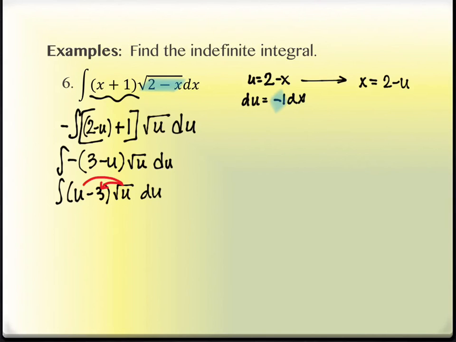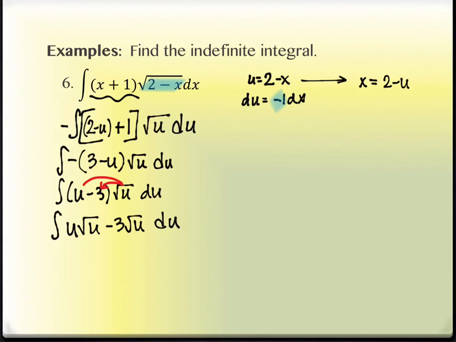So this problem becomes the integral of u squared u, we'll combine it in a minute, minus 3 squared u du. There's no more product. That's really what happens, because I'm able to distribute when subtraction or addition is outside of the radical, and I'm not able to distribute when it's underneath the radical.